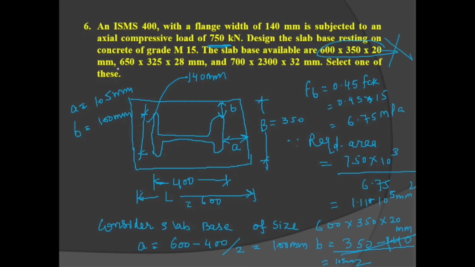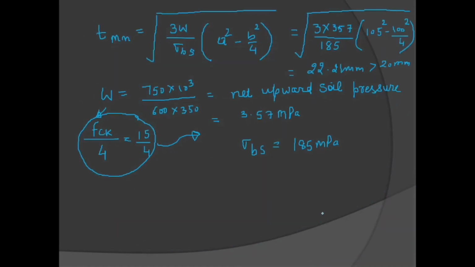So we can adopt this size, that is 650 by 325 by 28 mm. That is okay because it is somewhat more than the 20 mm thickness, and hence the section 600 by 350 by 20 mm is not adequate.